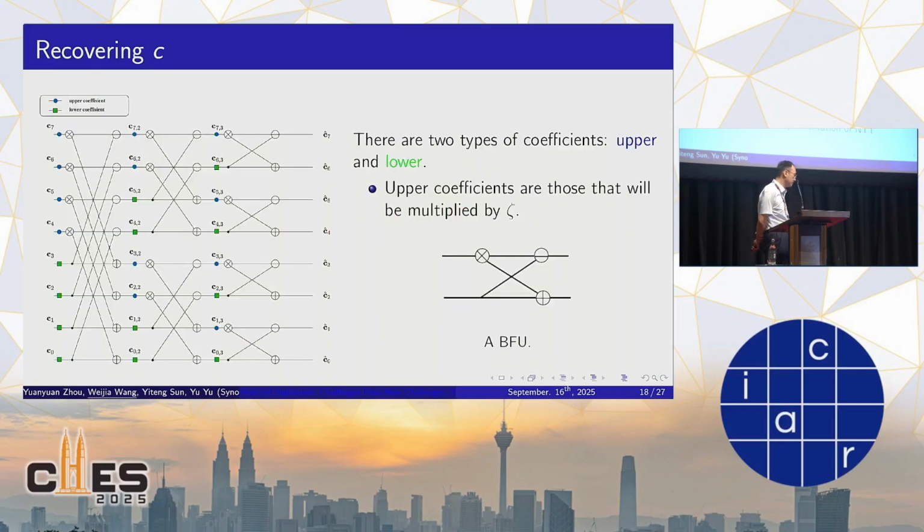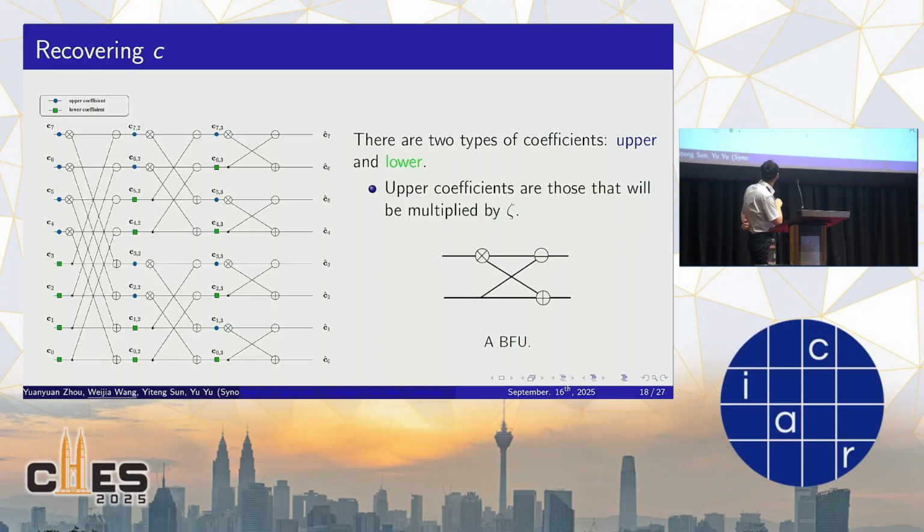So on the left part, I provide an NTT with eight coefficients, and we divide the coefficients into two types, the upper type and the lower type. The difference is that for the upper type, the blue ones, the coefficient will be multiplied by the twiddle factor zeta.